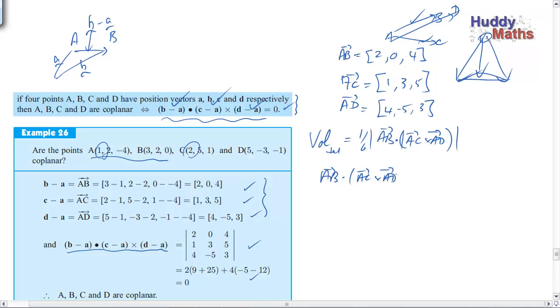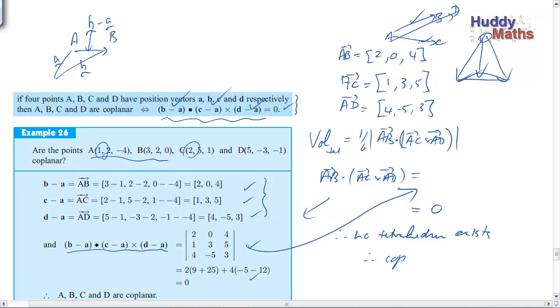It's the same maths as over here, and when you work that out, you're going to use this determinant here, and you get 0, therefore no tetrahedron exists there, therefore coplanar, because the volume is 0. I think you should mention that you're looking at the volume of the tetrahedron there, and that it comes to 0, therefore no tetrahedron exists, therefore coplanar.